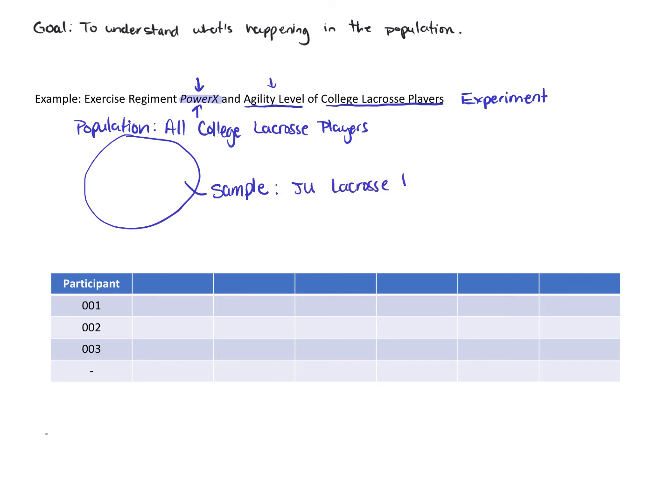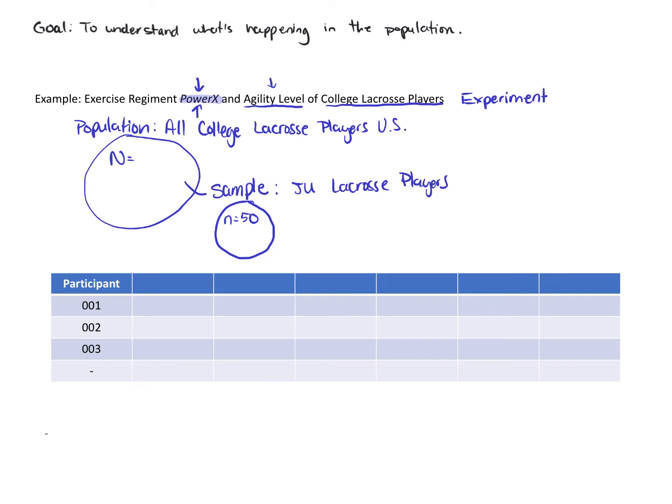Okay, so JU lacrosse players, they are a subset of the population. So I gather data from maybe just a subset. So I don't know how many lacrosse players there are in the entire United States. So let's be more specific here in the US. But let's say from JU, I'm able to get 50 lacrosse players to participate in my study.